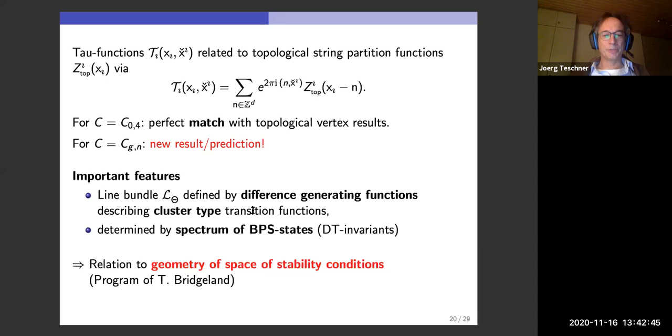Okay, so what I want to stress and elaborate further is that I find it pretty nice that what defines this thing is this geometry hidden in the description of a deformation of this twistor space Z in terms of these cluster type Darboux coordinates, and then the line bundle defined with some difference generating functions describing the transitions.